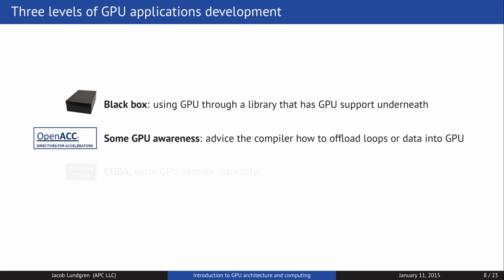In this case, you need some degree of awareness of the GPU details, due to the fact that you need to give the compiler some advice on how to properly utilize the GPU. Moving further, we have CUDA, where you have to specifically designate for the GPU exactly how to perform all of its tasks.